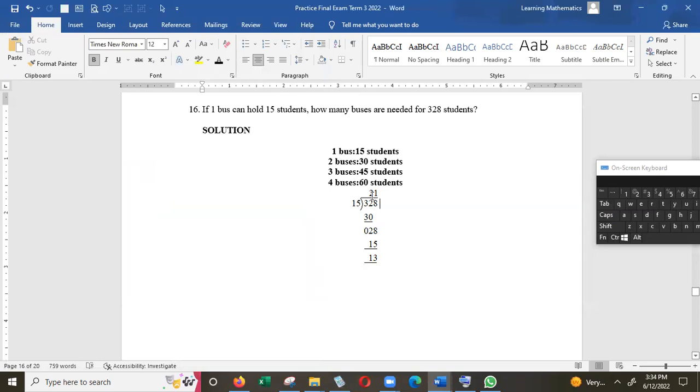So therefore now you need 22 buses in all. All right, so for 328 students, you need 21 plus 1 extra to put the 13 students, you will need 22 buses, okay?